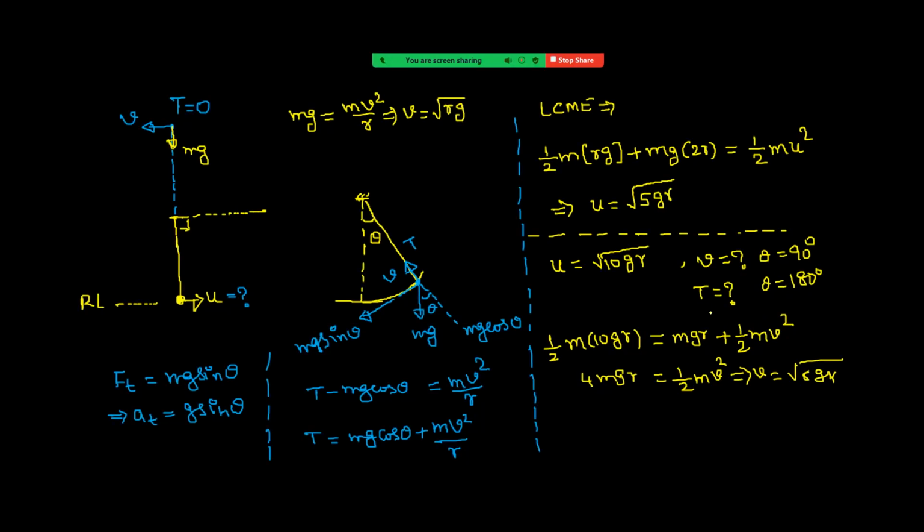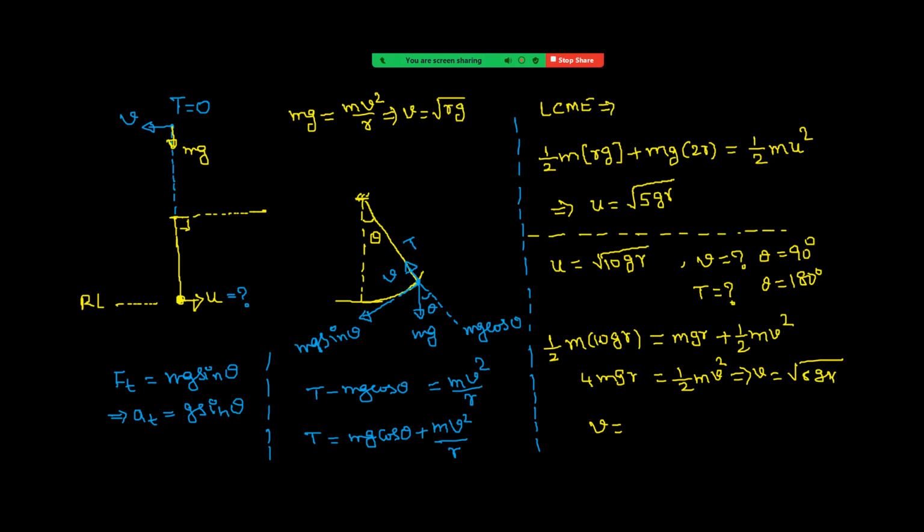If you want to find at 180, see where the change comes. Left side, no change. Right side, height becomes 2r. This is 2mgr. So 5mgr minus 2mgr is 3mgr, and 3 into 2 is 6.